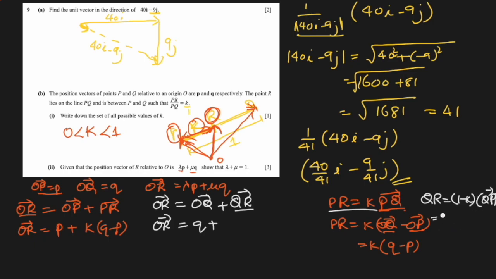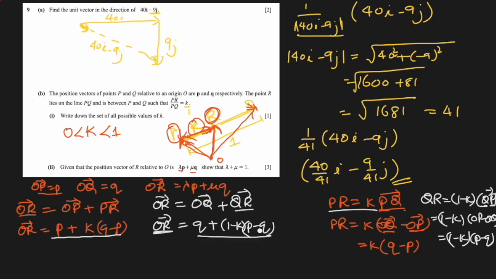So it becomes (1 minus K) times (OP minus OQ). So it becomes (1 minus K)(P minus Q). OR has been expressed in terms of this and this.